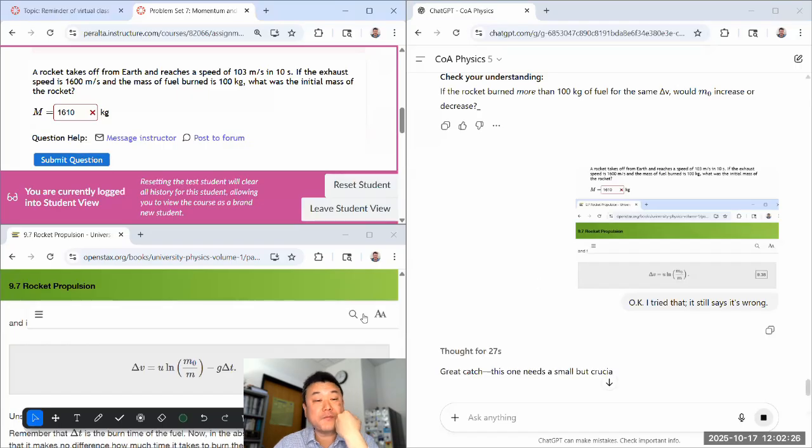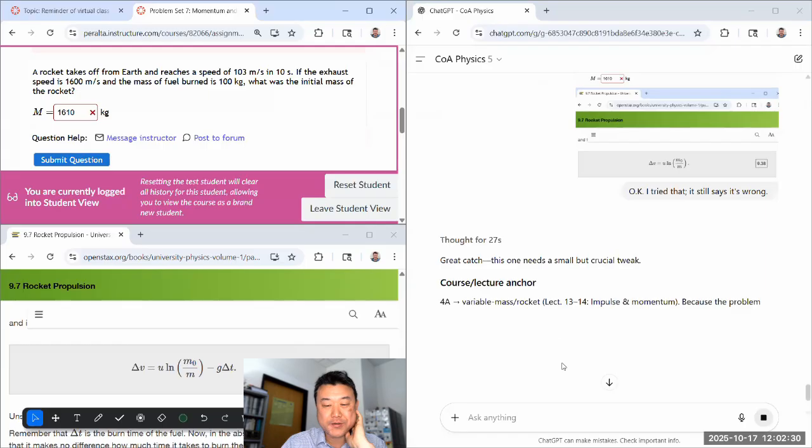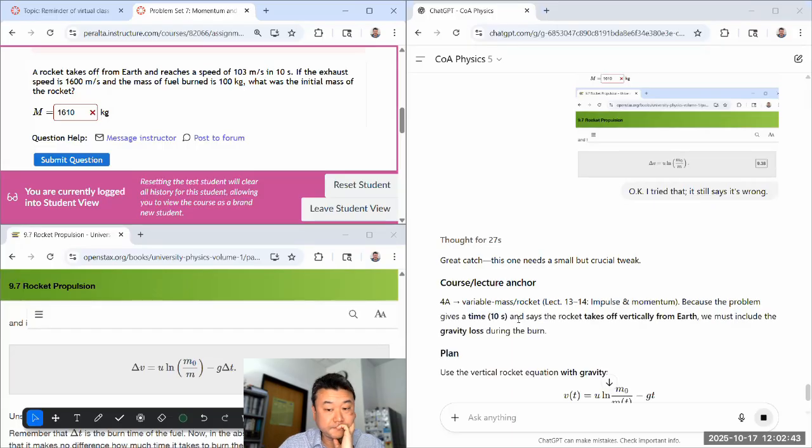Now, in my homework helper video, I figured all this out without appealing to the rocket equation. It needs a small but crucial tweak. Yeah, good. So this would be the correct equation.